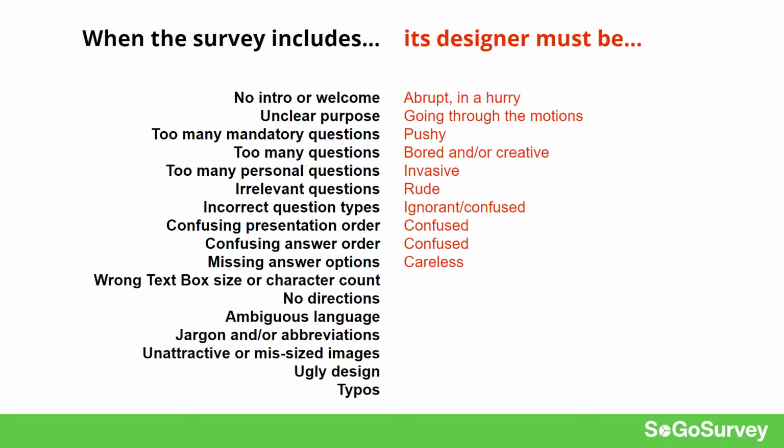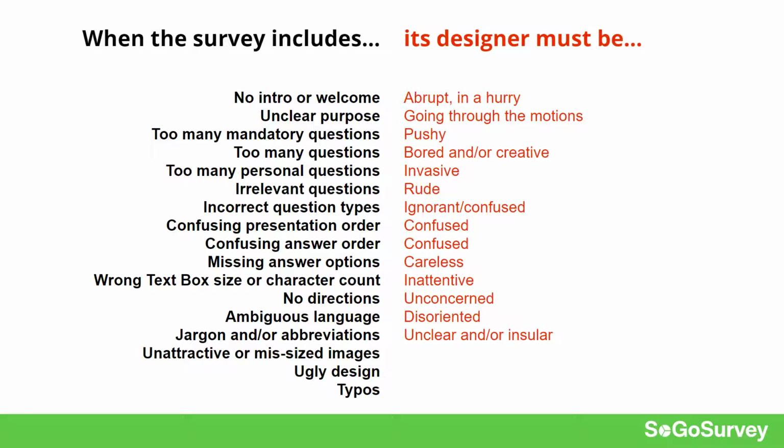Same thing with wrong text box size, you're just not paying attention to details. You don't care if they don't have directions, you're not worried about whether they participate appropriately. Ambiguous language means probably you are of two minds as well. You might be disoriented, distracted. Jargon or abbreviations come across as unclear. You're not communicating effectively, or insular. You are talking to only the in-group, only the cool kids who understand exactly your terminology or abbreviations.